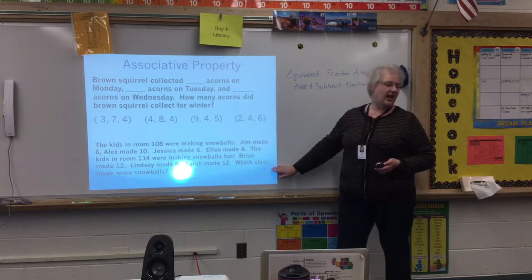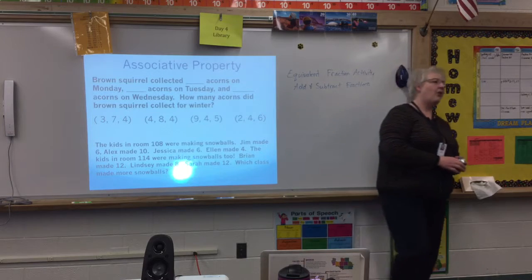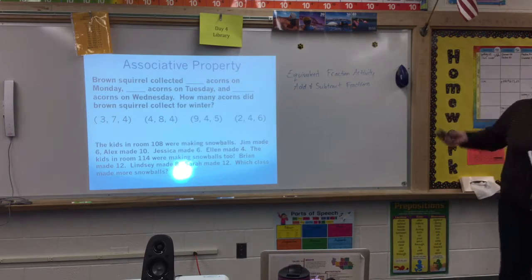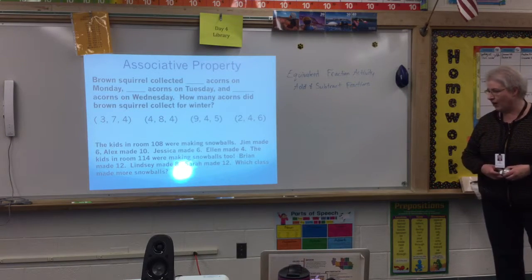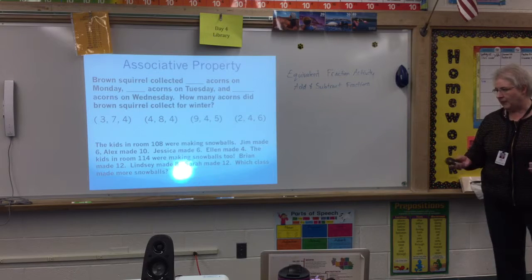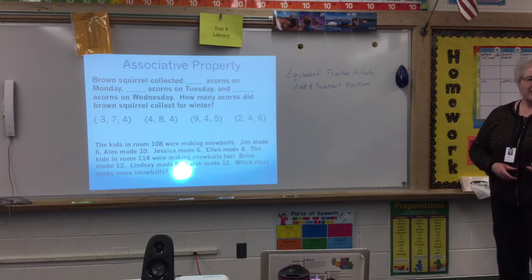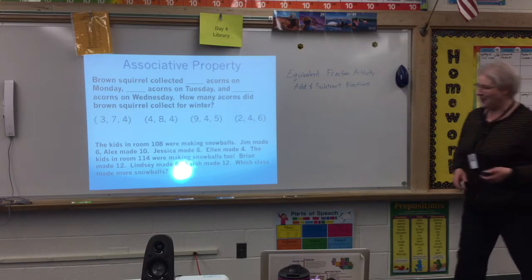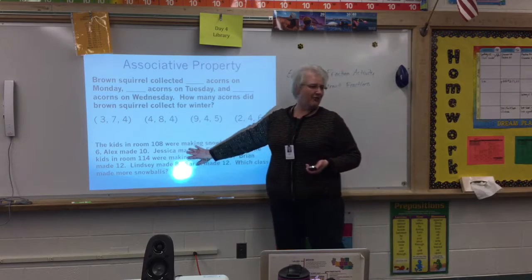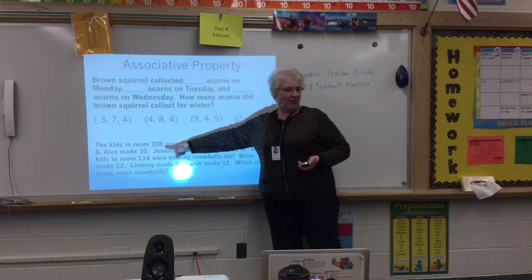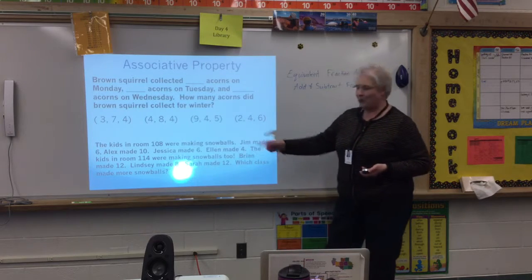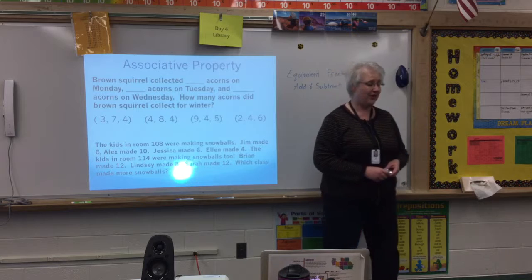Another way to do it is just a higher level, just another number problem with a whole group of numbers, and I'm asking which class made more. So the kids are in 2 different classrooms, and I'm trying to mess with the students' thinking, because those people who just pull out raw numbers are going to pull out 108 and room 114, which those numbers are not in the problem.